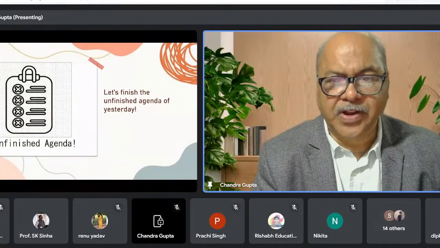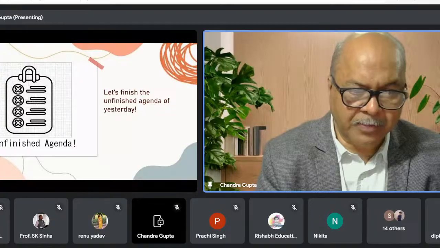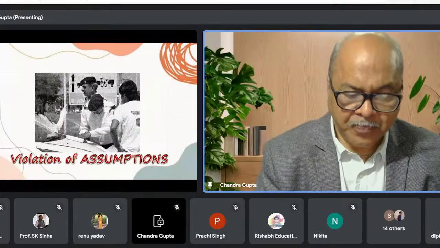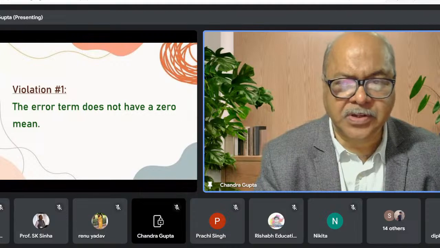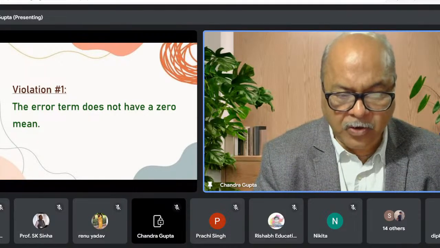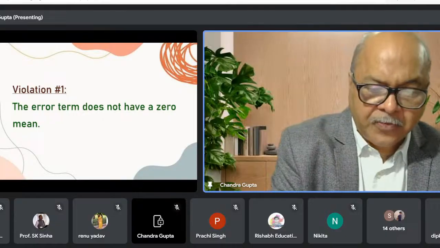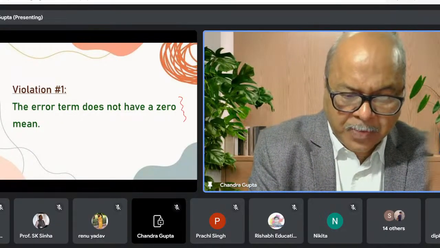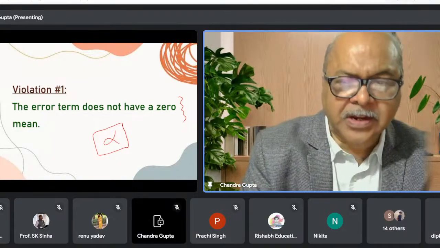So let's go ahead and finish the unfinished agenda of yesterday. If you remember, we were talking about violation of assumptions, and we covered the violation of the assumption that the mean of the error term is not zero. We take care of this problem by introducing alpha, or the intercept, in our model.